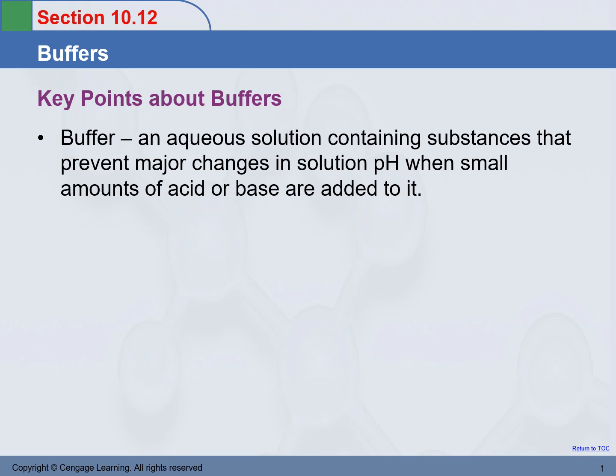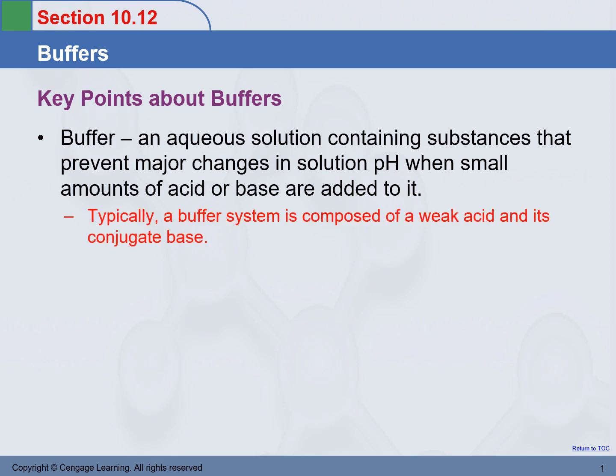The reason it can resist pH change is because inside a buffer, you have a mixture of a weak acid and its conjugate base. Of course, again, we are not going to explain why a mixture of a weak acid and its conjugate base can resist pH change. We do not have to know that for this class.